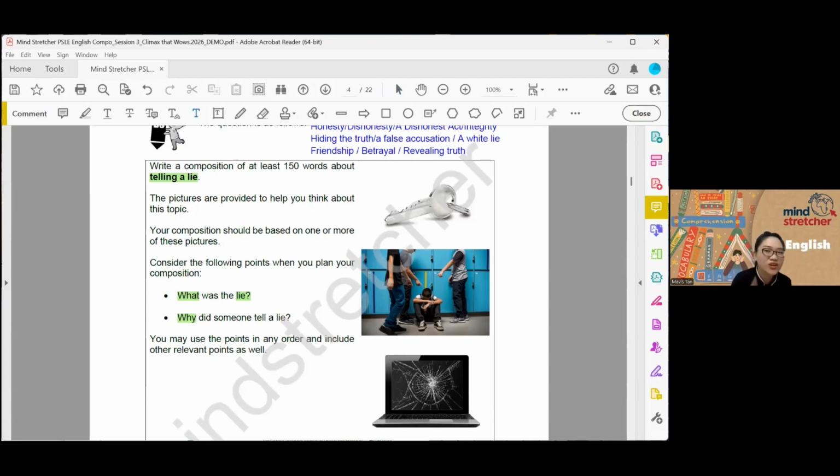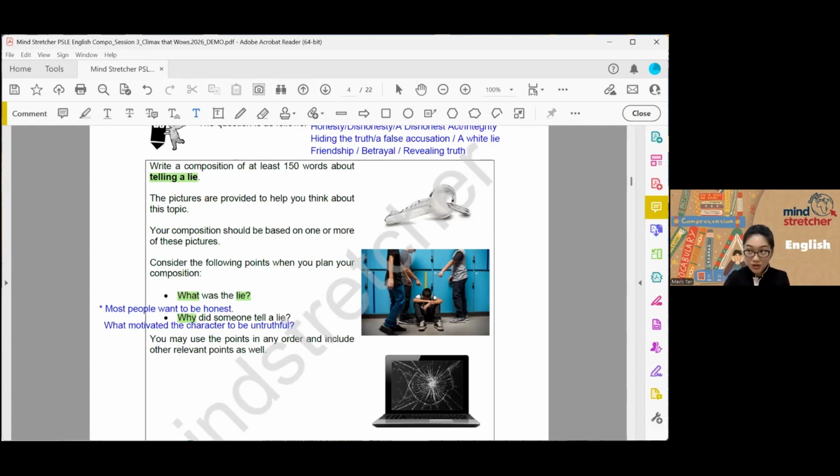Is your character an honest person to begin with? Something to think about. Most people want to be honest, correct? So why did the character lie? What motivated the character to be untruthful?